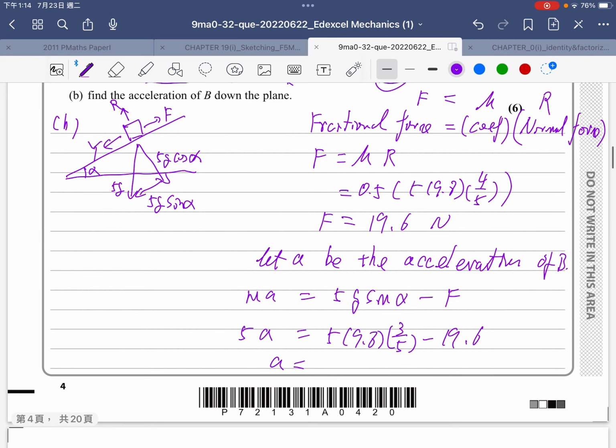After the calculation, the acceleration is 1.96 meters per second squared.